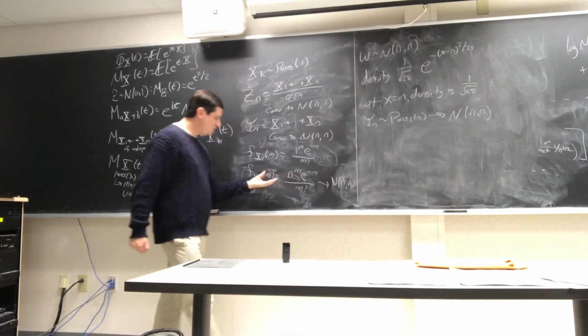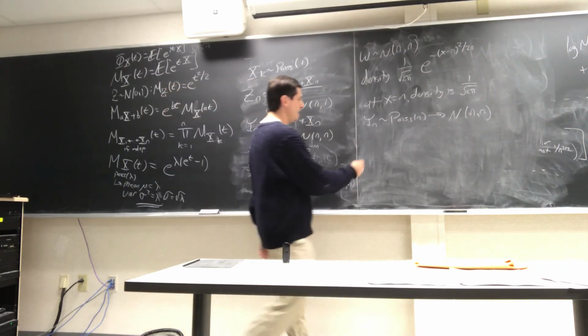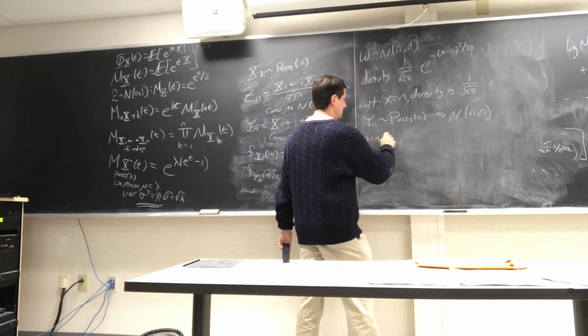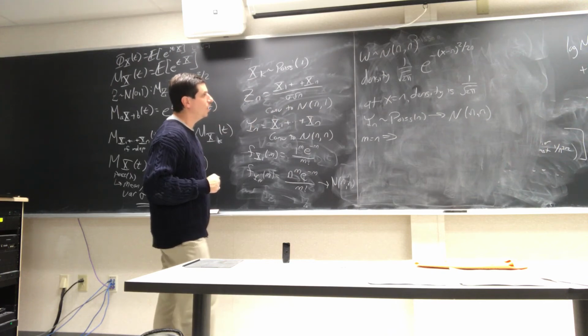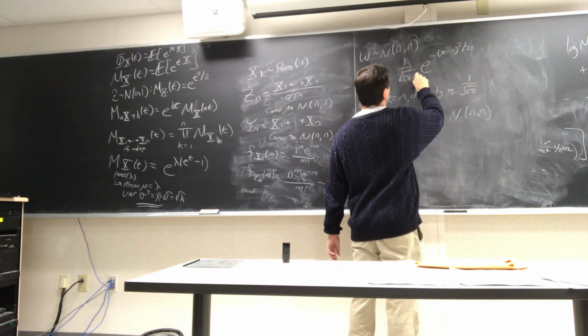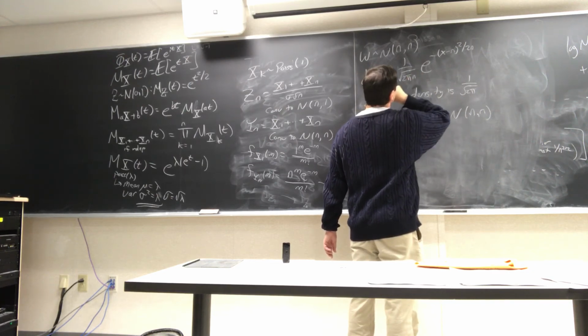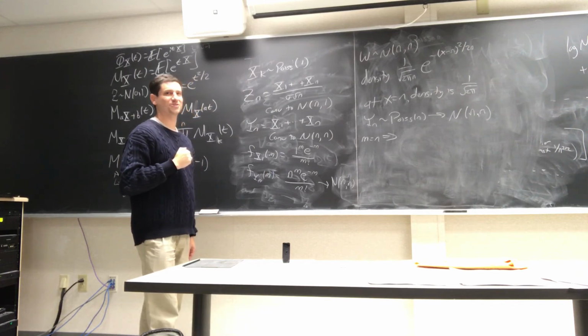N. What would be a really good choice to take down here? N. So if we take n, is it supposed to be n in the density? Like 1 over 2 pi n? Oh yes, thank you. 1 over 2 pi n. Yes, thank you. And that would be very important to have there, so thank you.